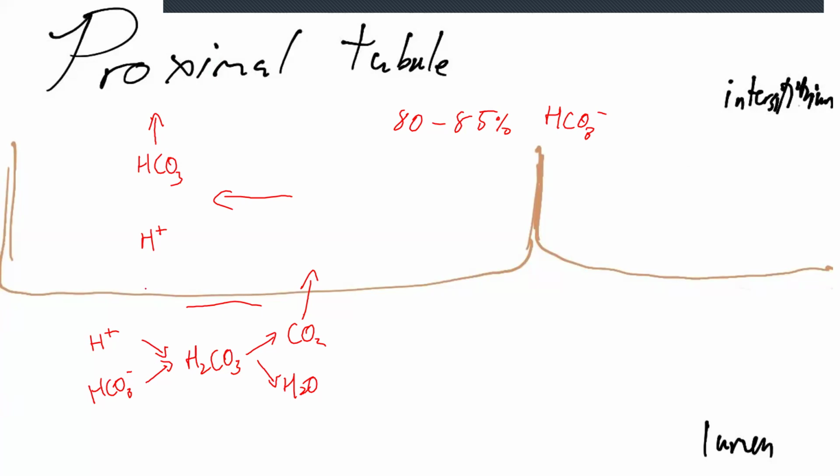And the H+ can then go back out into the lumen through the Na plus H exchanger.